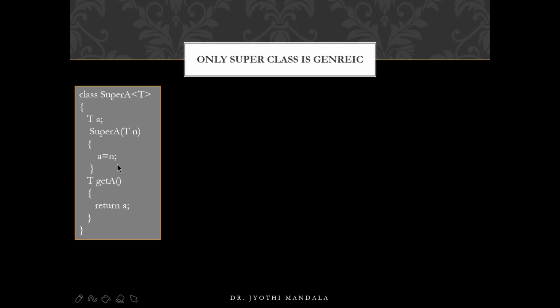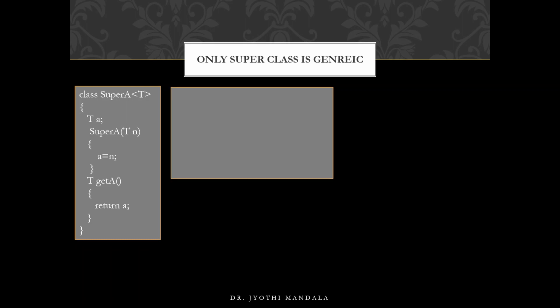In this generic superclass, I have taken one variable called a, and one constructor which helps in initializing this instance variable, and one method called getA which returns that instance variable. Very simple, there is no complexity in this one.